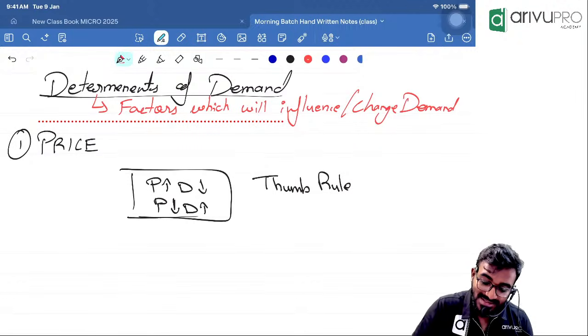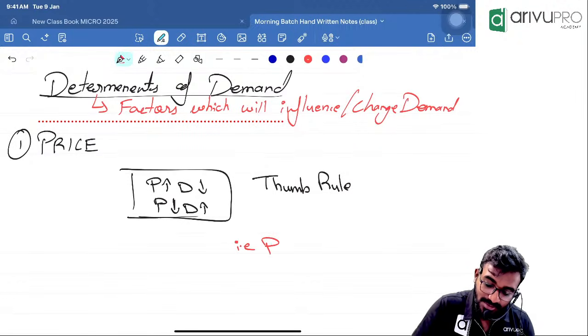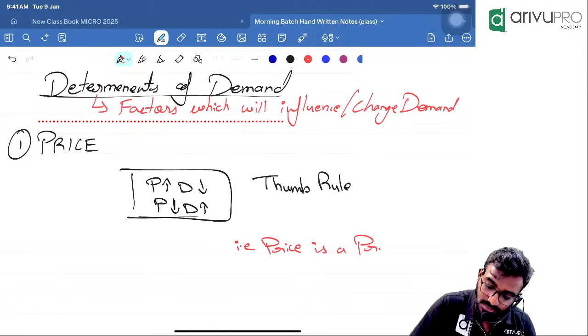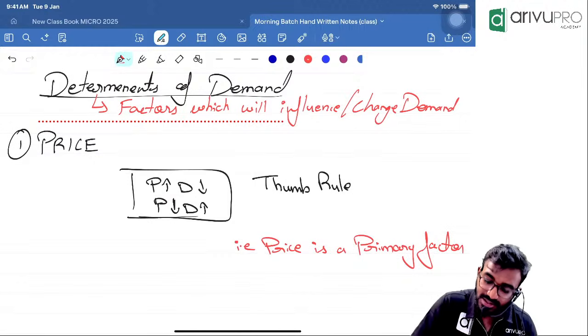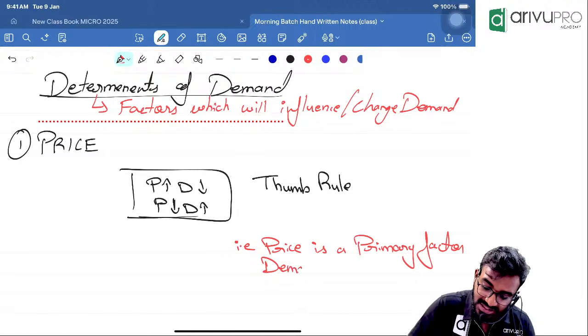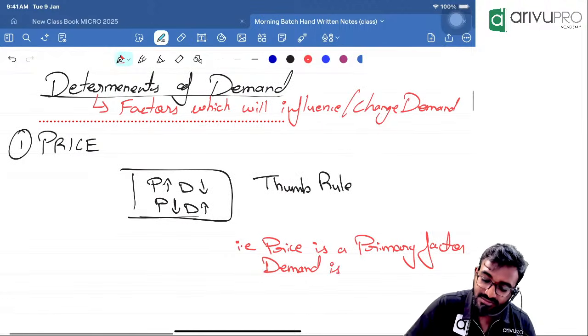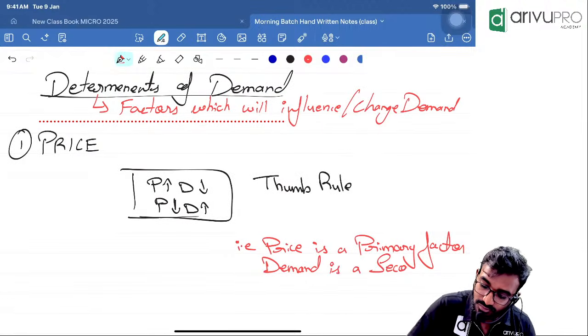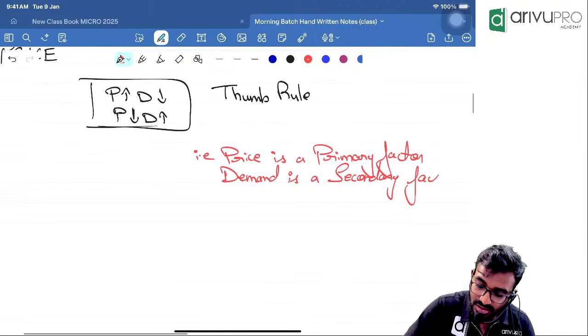That means price is a primary factor. Price is a primary factor. Next, demand is a secondary factor.